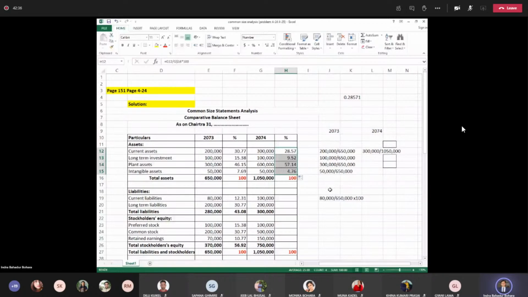And similarly you calculate the percentage for the others. Take the sum, it should be 100%.